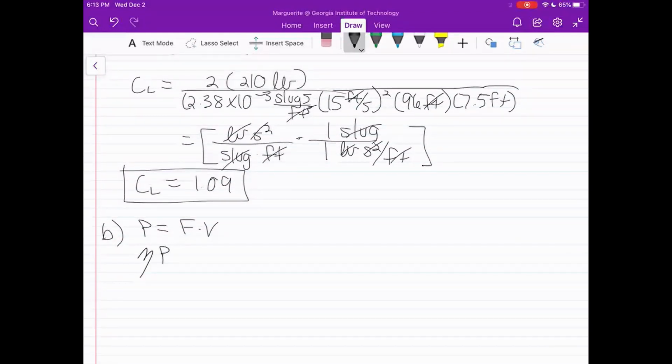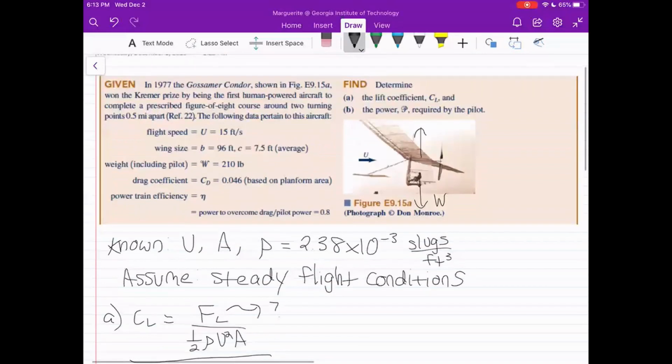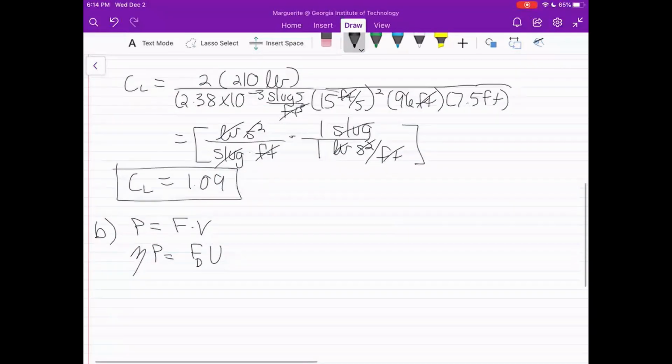So you would say eta p equals F times U. And this F this time is going to be our drag force. It tells us the power to overcome drag, so that's how we know we're going to use drag force. This ends up being 1/2 CD rho U cubed A. And this is why they gave me the drag coefficient to begin with.